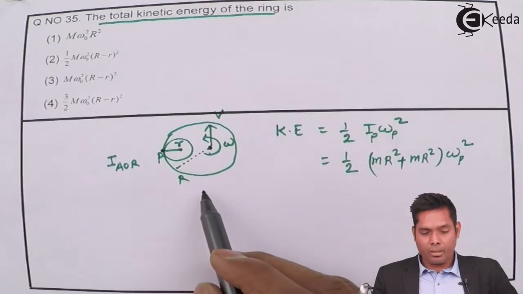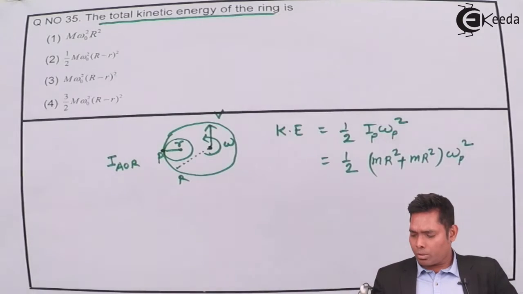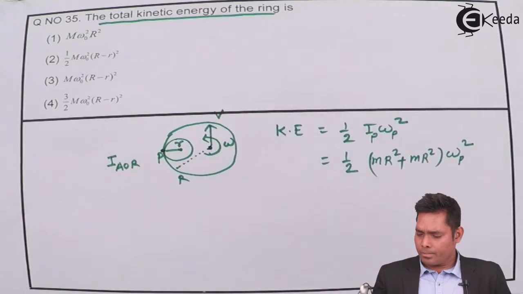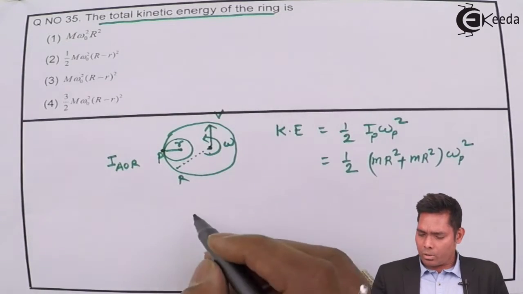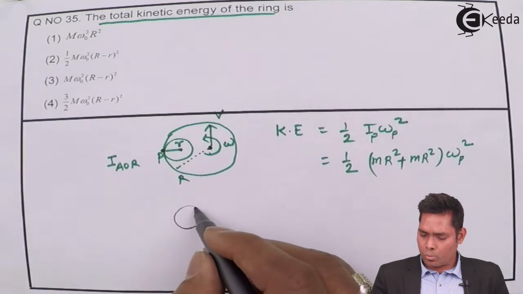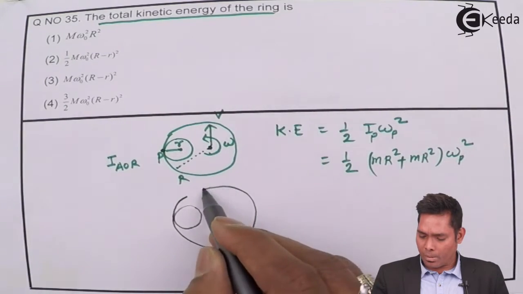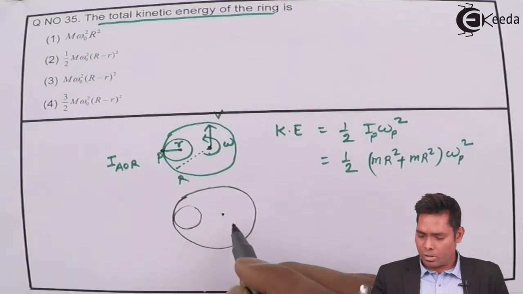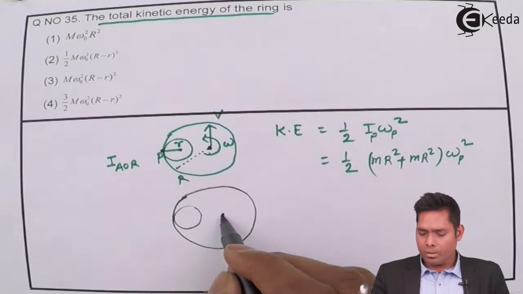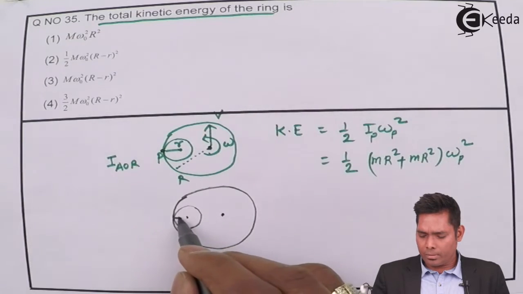What was that omega? Let us draw another diagram to understand what is that omega. I'll draw the same diagram again to understand what is actually happening. This is the center of the ring. This point is the center of the small r.